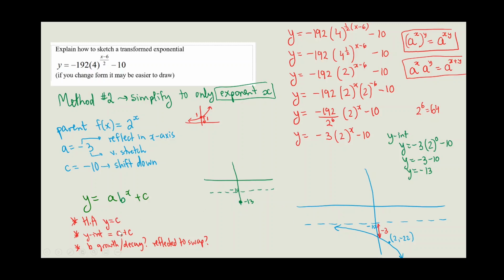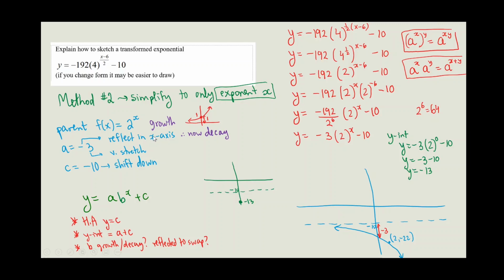After you've done those two things, you ask yourself, what about the original parent? When I say original, I mean the original simplified parent before we applied these transformations on it. This parent, the base here, 2, is bigger than 1, so it is growth, like we already had a little picture here.